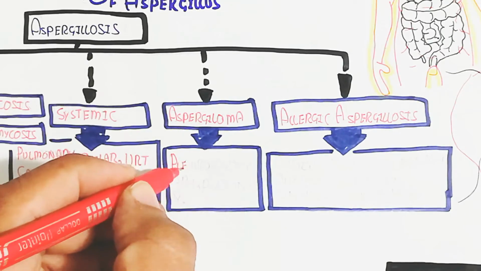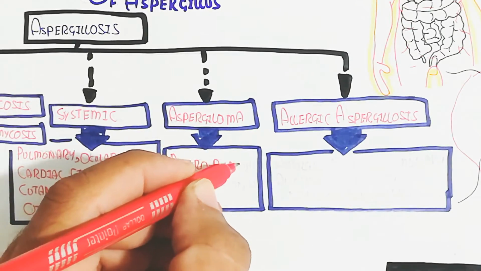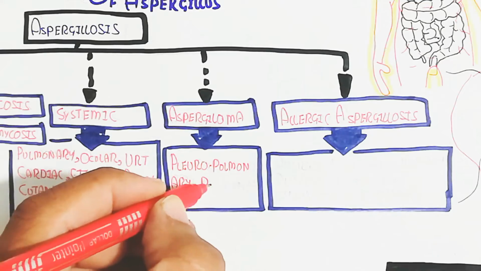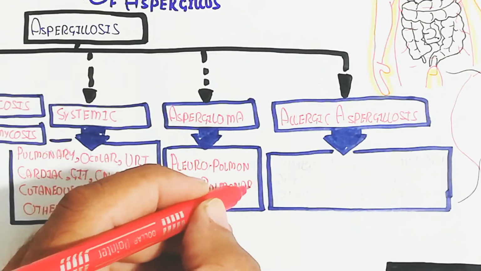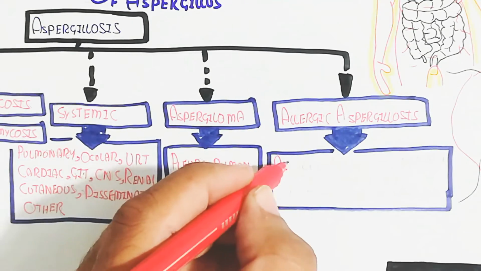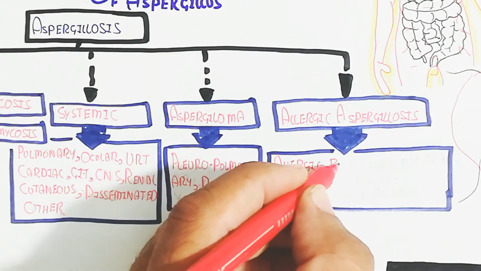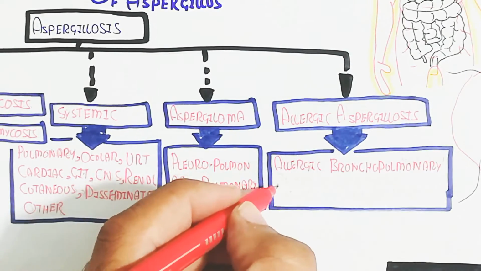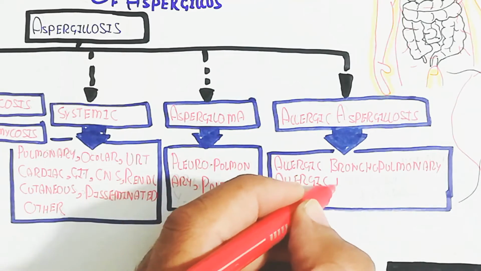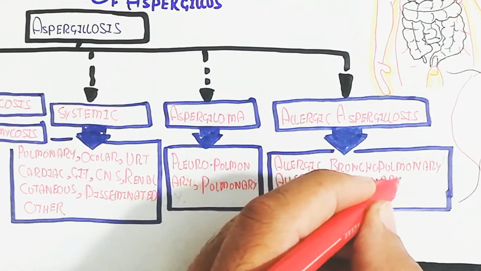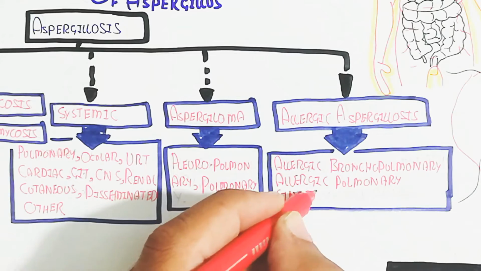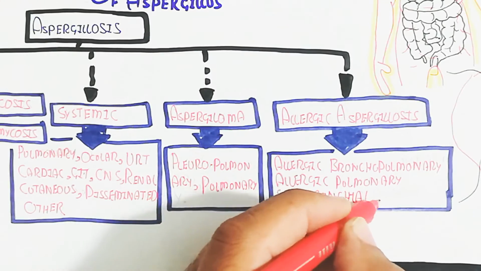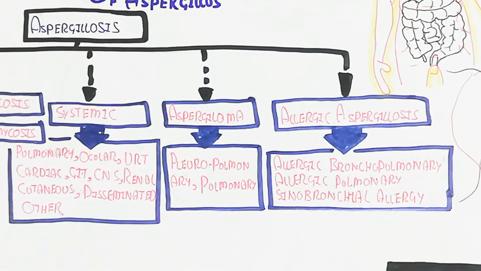The aspergilloma is pleuropulmonary, and the pulmonary form will cause aspergilloma. And allergic aspergillosis is due to allergic bronchopulmonary and allergic pulmonary aspergillosis and sinobronchial allergy. It is a type of allergic reaction.